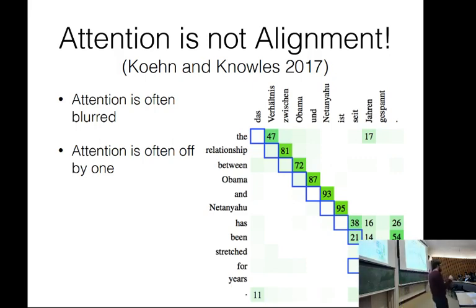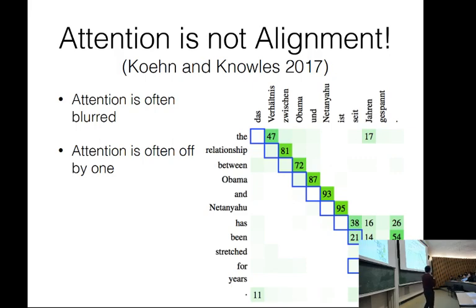However, and we talked a bit about how with all these models we're trying to make attention look more like the old school alignments that we had in the phrase-based models. However, as Philipp Koehn and Rebecca Knowles noted in a really good paper that I encourage you to read on the shortcomings of neural machine translation, one of them is that attention is not alignment.